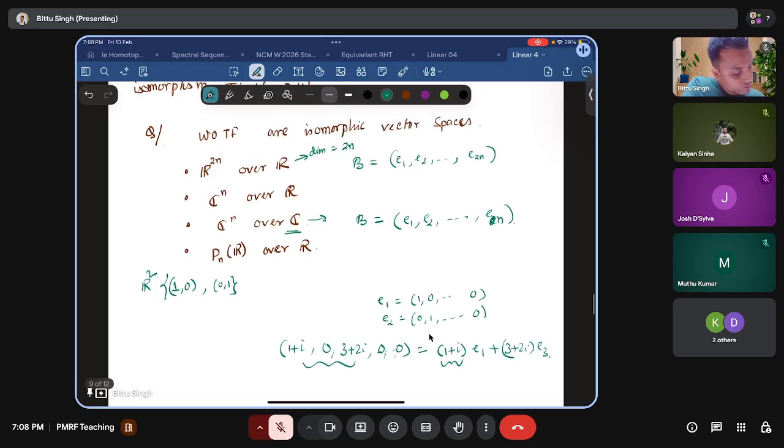Now, in this case, the dimension is n. Now, what about Cn over R? Can you give me an ordered basis for this, Cn over R?